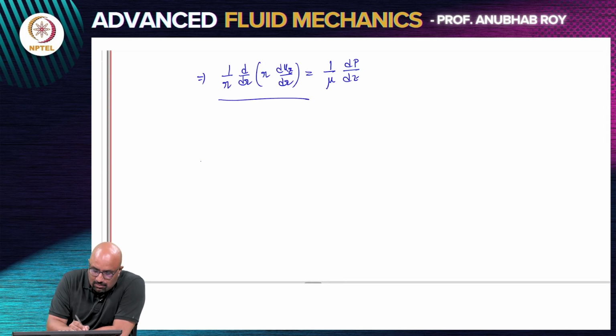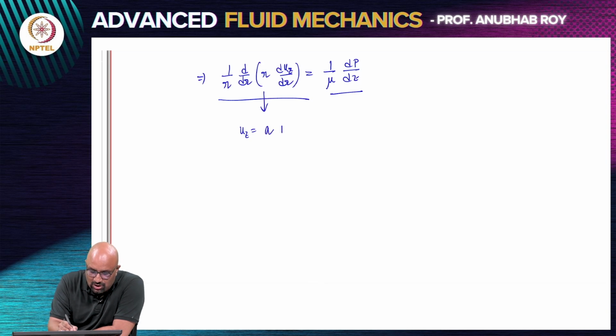Now, this is a second order differential equation with an inhomogeneity. The homogeneous solutions, you can see by inspection, have one solution which is a constant. So Uz equals constant is a homogeneous solution, and the other homogeneous solution is a log.